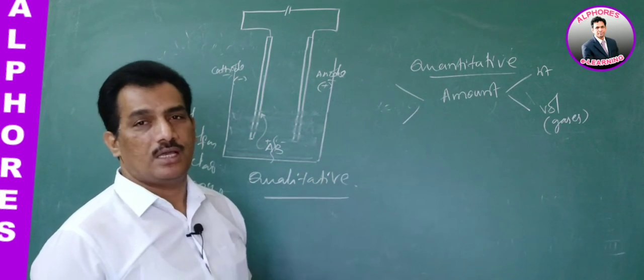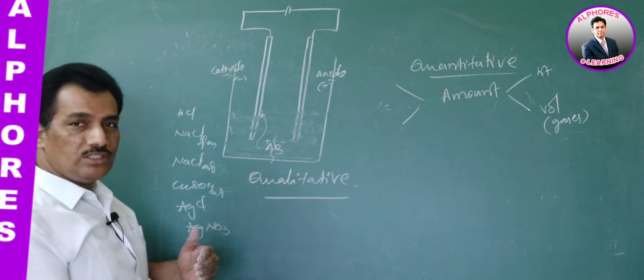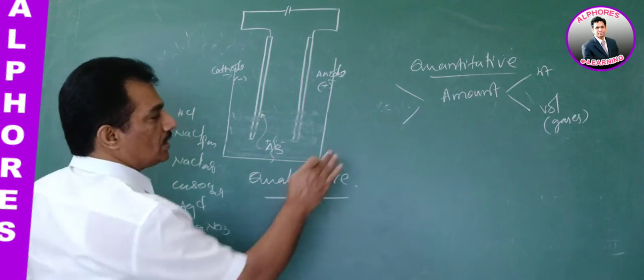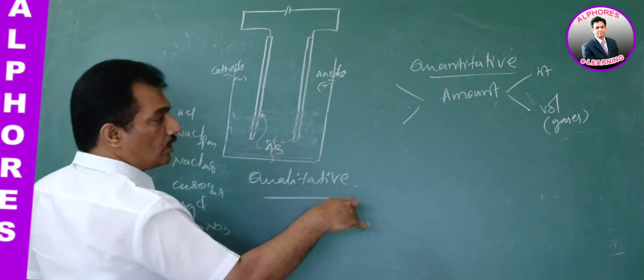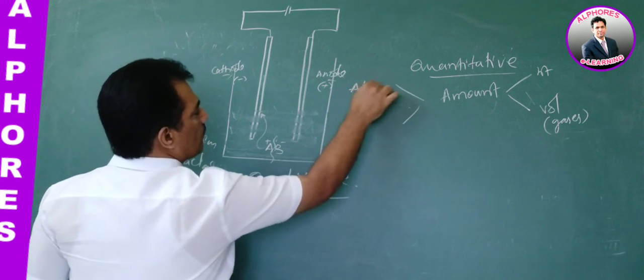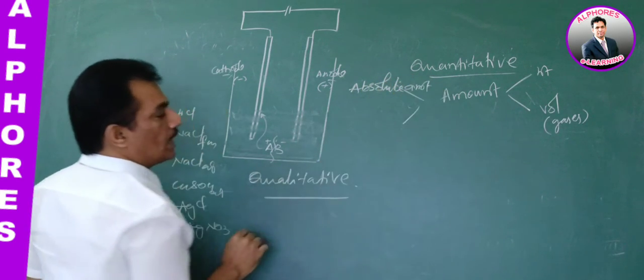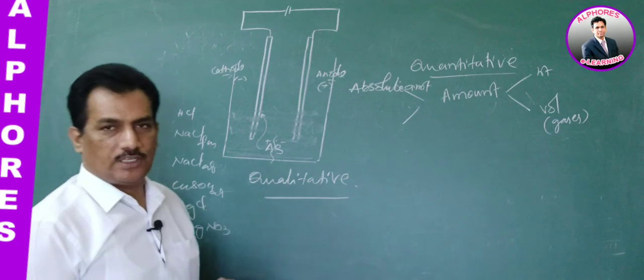But here I am giving the amount not in terms of weight or volume. One more parameter is there. For your understanding in coming sessions, what we are going to consider is absolute amount. Let me explain this word.